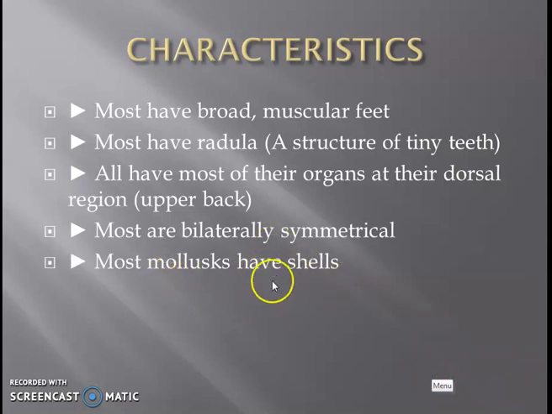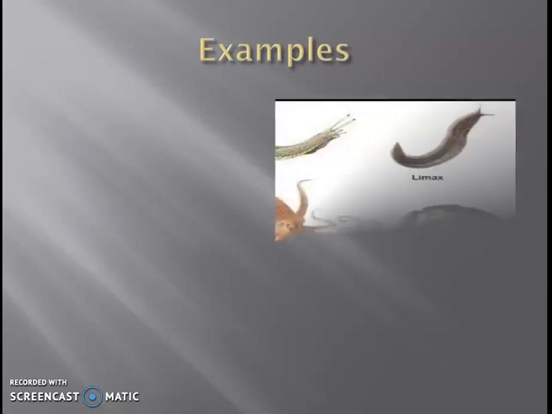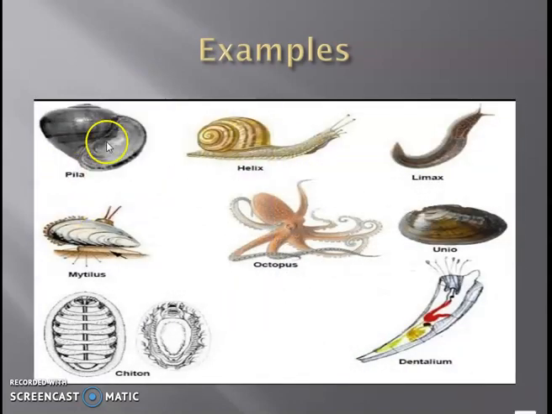Like a snail belongs to the mollusc category. They have the shell on their back. They have shells through which they hide themselves when the conditions are not suitable for them. Here in this diagram you can see different examples of molluscs, like Pila, which has a shell and can hide itself in the shell. Here is Helix. Helix is actually the scientific word for the snail.